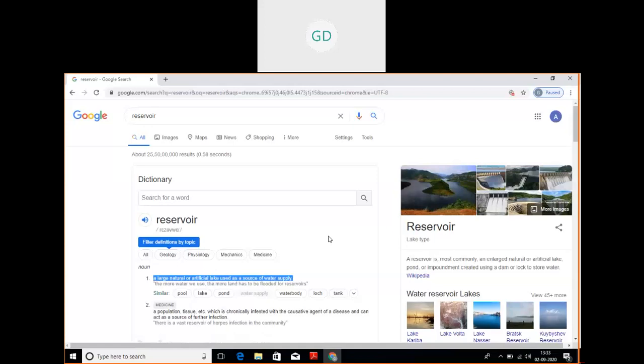It might be natural or it might be an artificial lake. Artificial lake means man-made, a man-made lake which is used as a source of water supply. That means from there the water is taken through an intake structure and it is then taken to a water treatment plant.